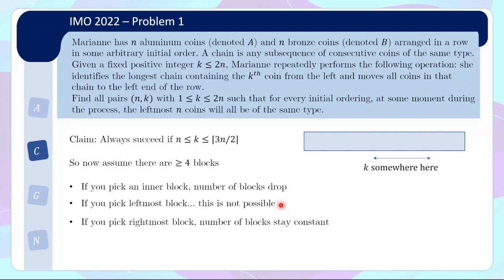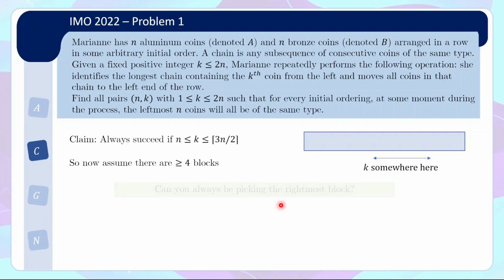And in this case, the number of blocks could stay constant, because you move the rightmost block all the way to the leftmost, and there is no guarantee that some block combines. But the issue here is, can you always be picking the rightmost block? No, sometimes you pick the rightmost block, but other times you will end up with an inner block, and once the block count decreases, you are done by induction.